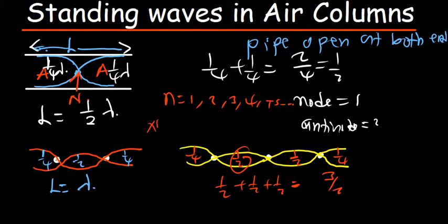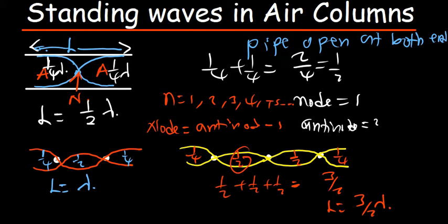Node is going to be equal to the antinode minus 1, then the antinode is going to be the node plus 1. But if the pipe is closed at both ends, it is opposite: node is equal to antinode plus 1. So in this case, L is equal to 3/2 lambda.